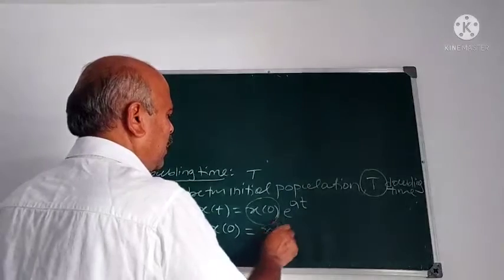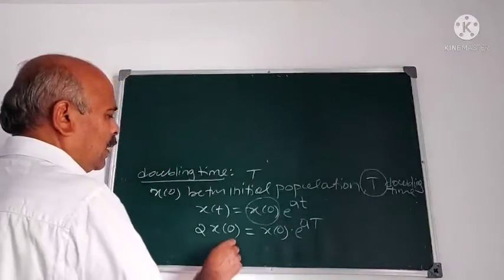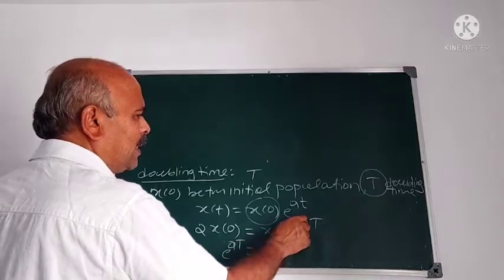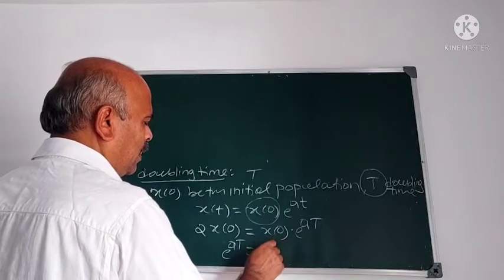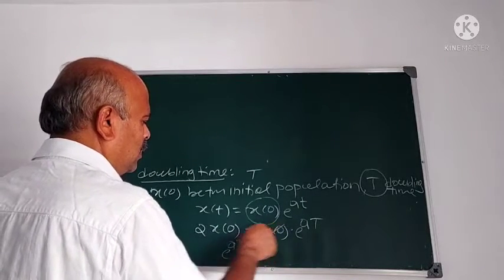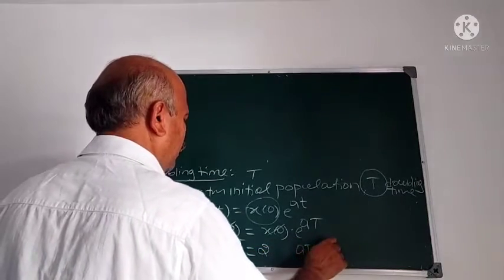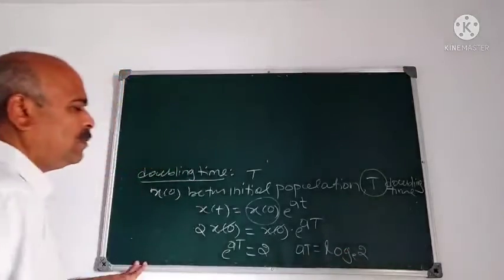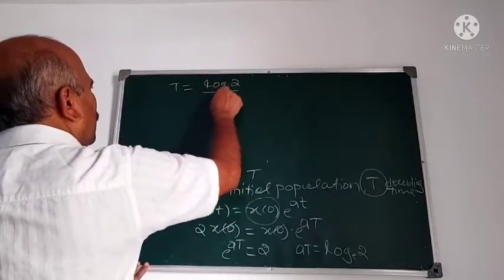2x0 is x0 e raised to a T, where I take capital T. Therefore e raised to a T equals 2. What is this a? It is b minus d. So a T is log 2 to the base e, therefore T is log 2 upon a.